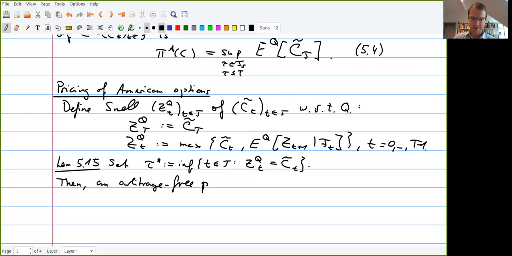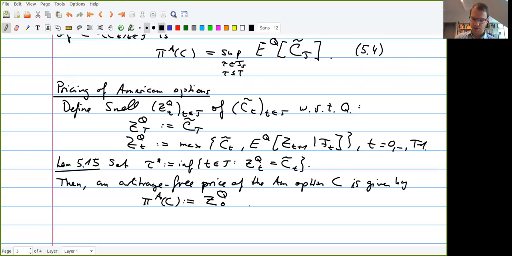So the arbitrage-free price of the American option C is given by, let me denote this P_A of C, defined as the Snell envelope with respect to Q at time 0.